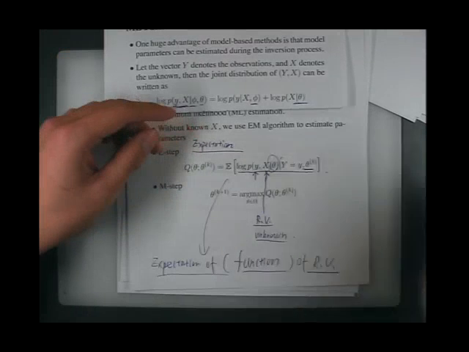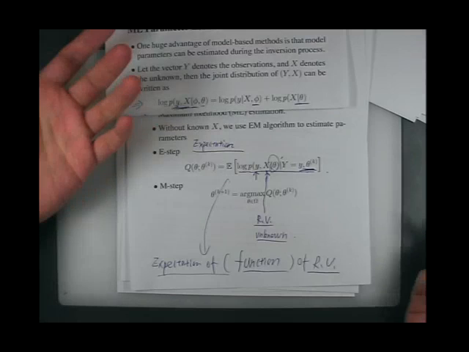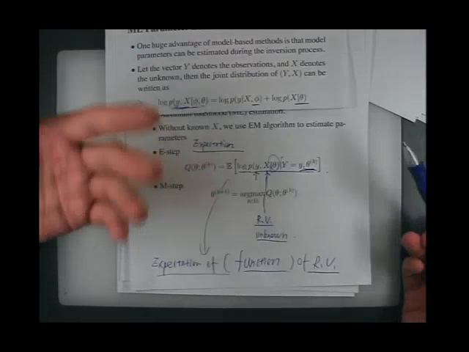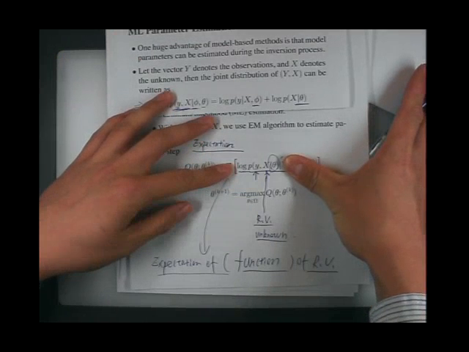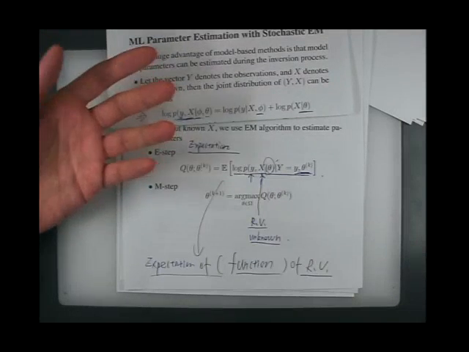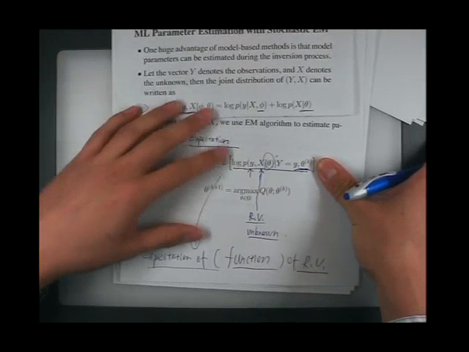And fortunately, it's an iterative method. We already have an initial guess of this parameter theta. So the distribution of x is given, and the function of x is given. Therefore, we just calculate the expectation of the function of x. After calculating this expectation, what kind of stuff we get?